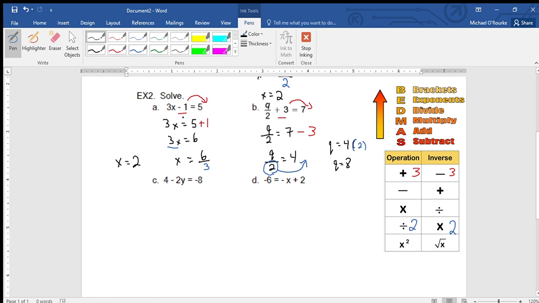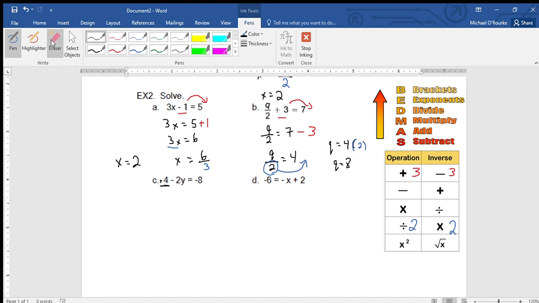Now, next one, we have 4 minus 2y equals negative 8. Now you may think we have a subtract here because of this, but we don't. We want to leave this on one side. So it's negative 2 times y here. Right now it's a plus 4.